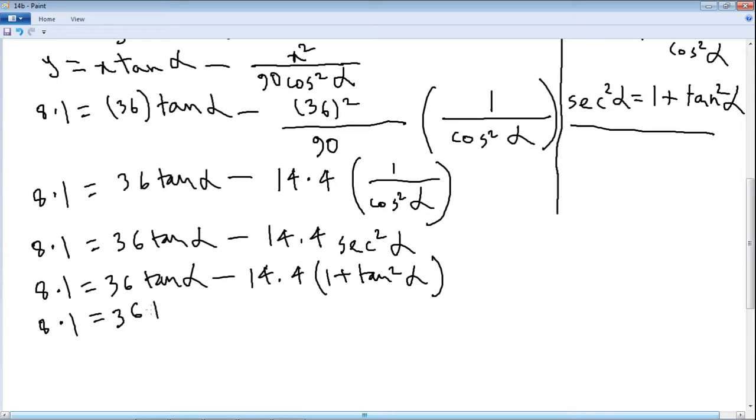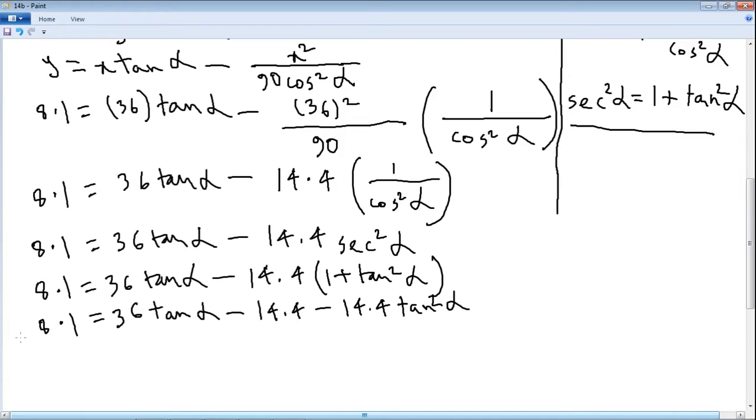Now what we have got here is a quadratic equation, if you have noticed.